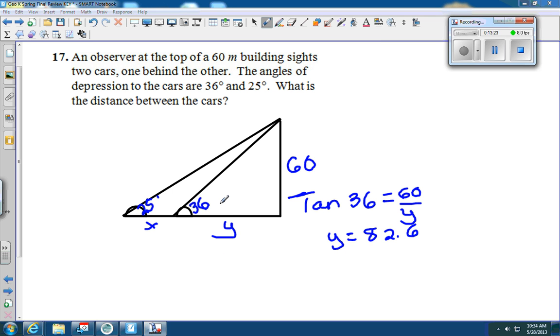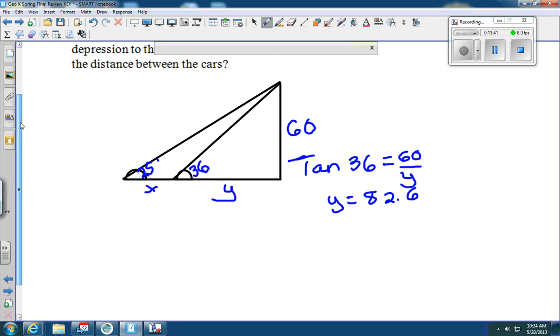Okay, so now I can find x, I can find z, the whole thing, because this isn't a right triangle right here. So I can find this whole length by doing the tangent of 25 equals 60 over the whole piece. Okay, so let's go down here and do that.